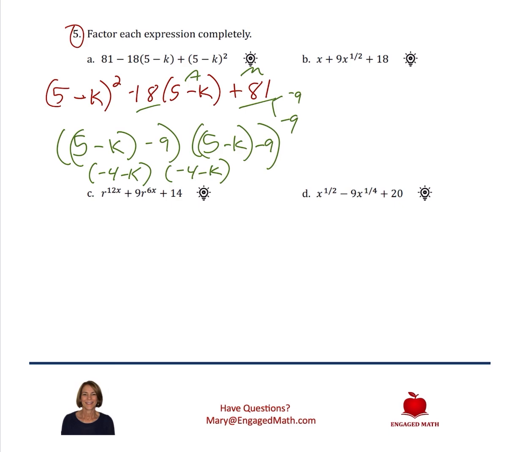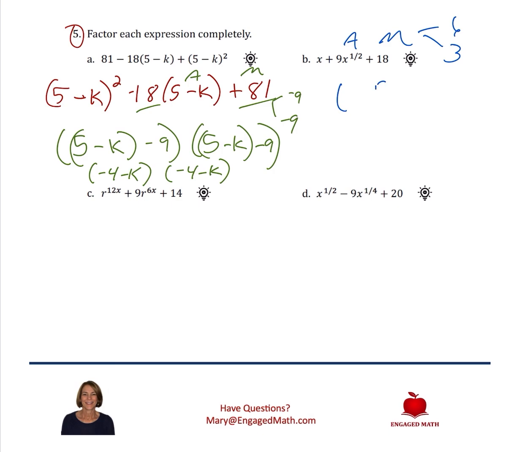Okay, let's go to B. For B, we are basically looking for the two numbers that add to 9 and multiply to 18. So that would be 6 and 3. It's again a quadratic in disguise, even though it's not really a quadratic equation, but it's going to have the same qualities.